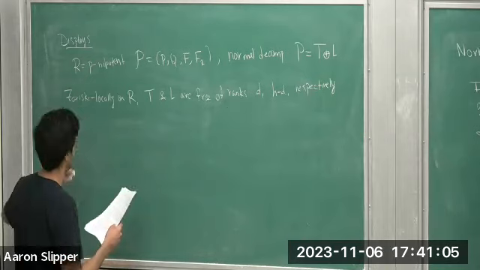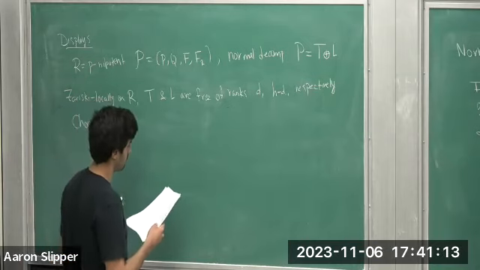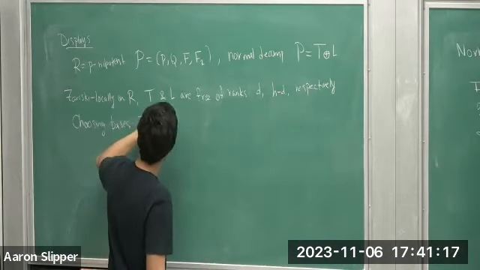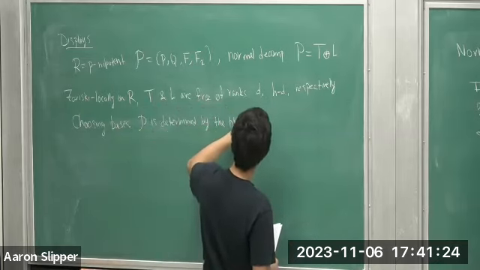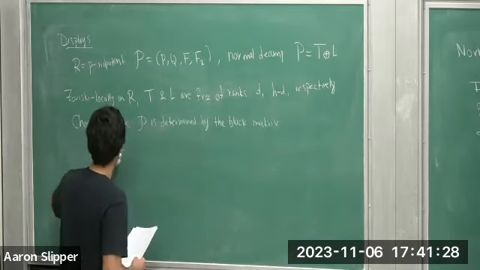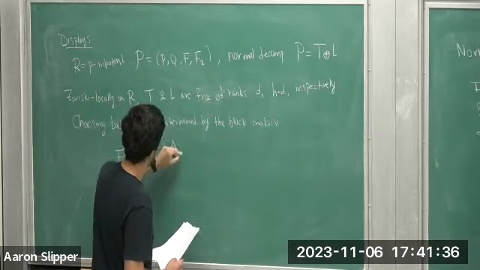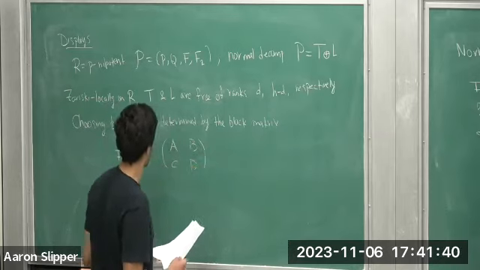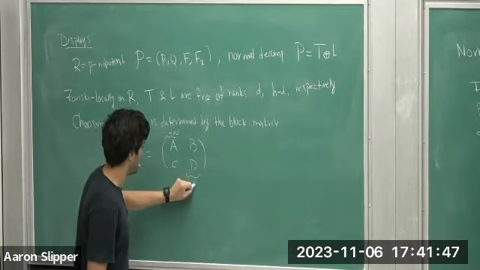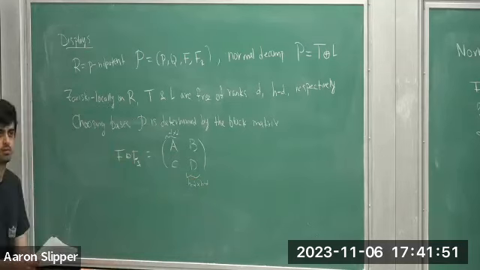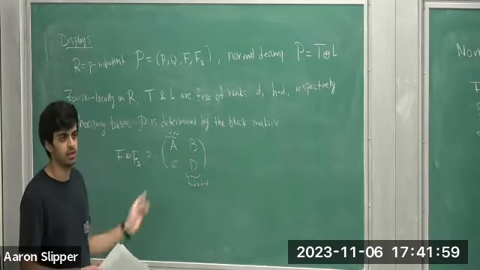So if we choose bases, P is determined by the block matrix where A has size D by D, and D has size H minus D by H minus D. So A is kind of the map from T to T, B is from L to T, C is from T to L, and then D is from L to L.